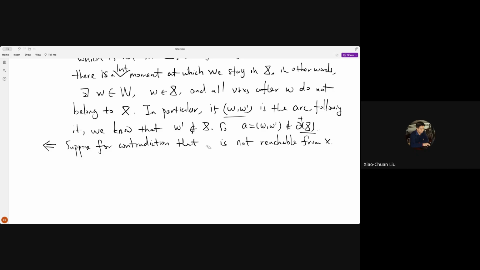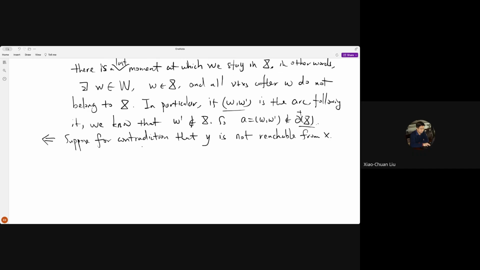You will see how the boundary thing comes out. Okay, so then what do we want to do? We define X to be the set of all the vertices that are reachable from x.